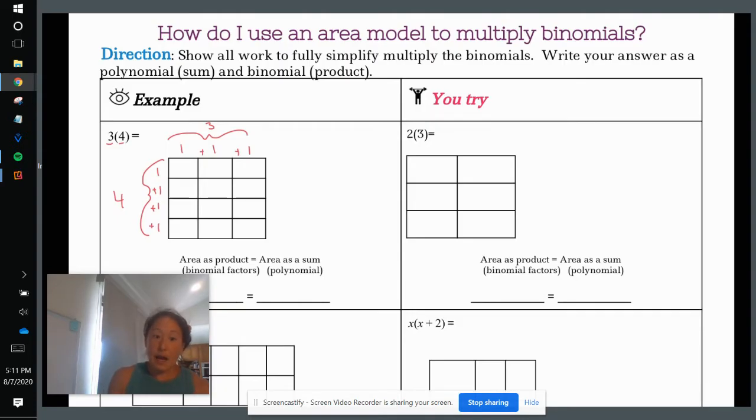So I want to find the area of each one of these pieces. So 1 times 1 gives me an area of 1 unit squared. 1 times 1 is, again, another unit of 1.